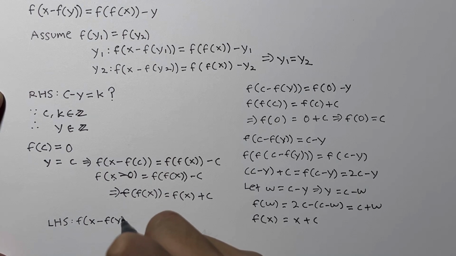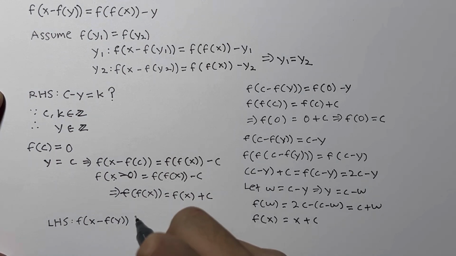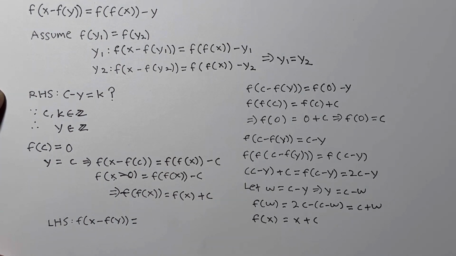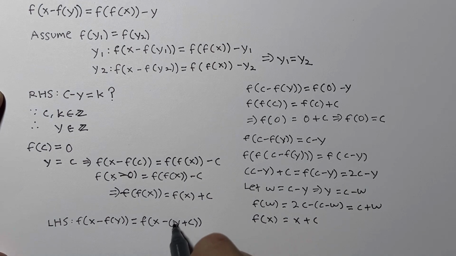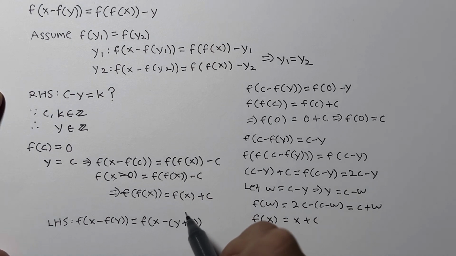Then this will equal x plus c minus y plus c, which equals x minus y. The c's cancel out, so this will equal x minus y.